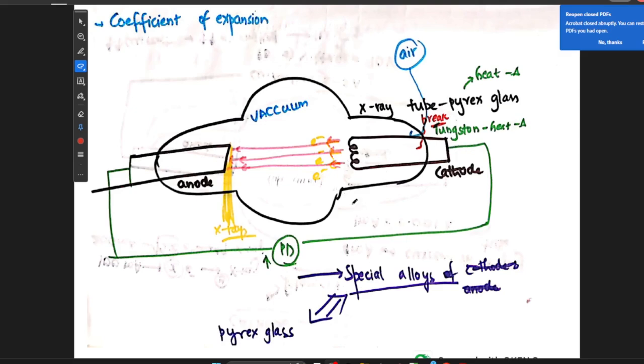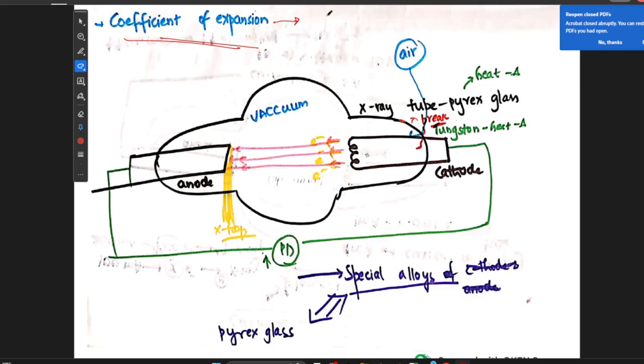If you heat the cathode, along with the cathode, even the glass also starts to heat, because the cathode is made up of metal. Metals will conduct electricity or heat. So there is something called the coefficient of expansion. Coefficient of expansion is how the metals are heated and expand.